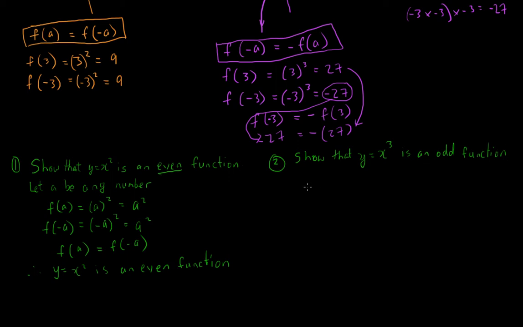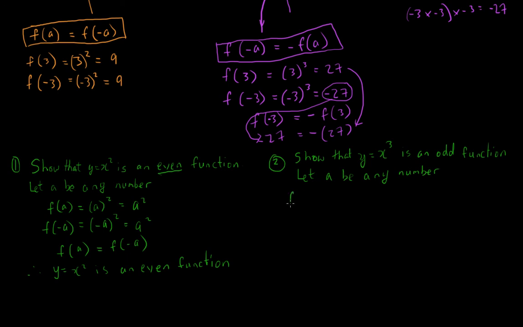How do we do that? Again, we can't use actual numbers, because actual numbers will give us that particular example, but we don't know it applies for all numbers. So again, we need to use a general rule. So let a be any number.